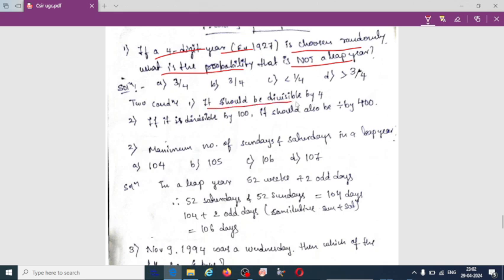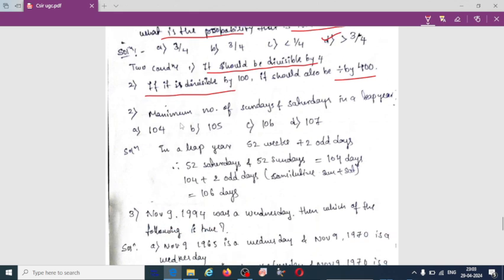It should be divisible by 4, and if it is divisible by 100, it must be divisible by 400. So here option D is going to be correct.